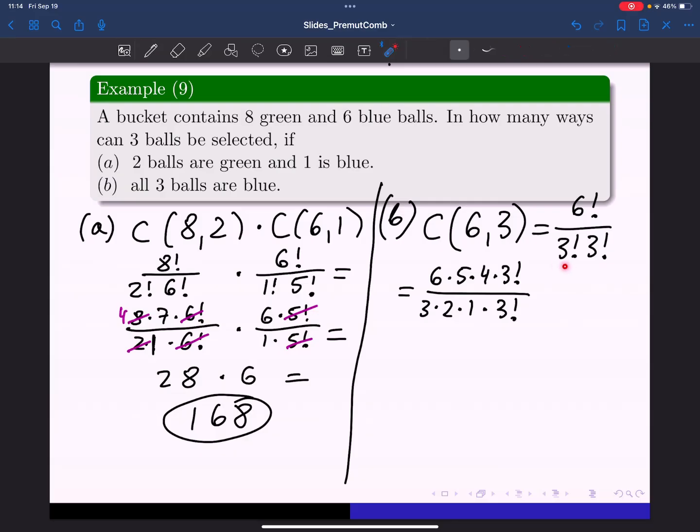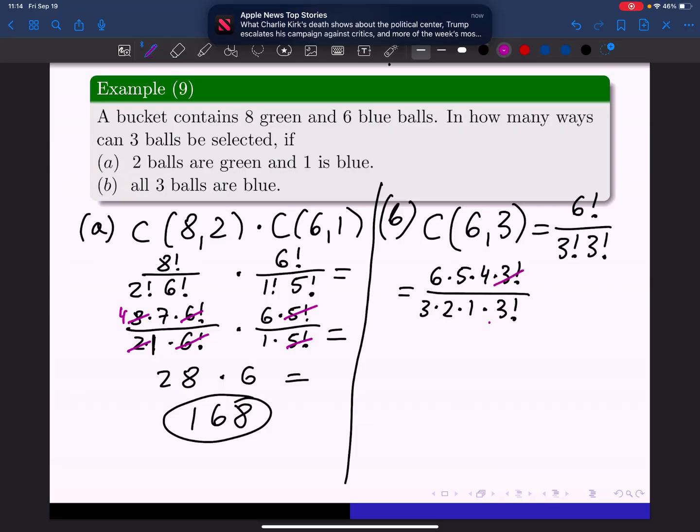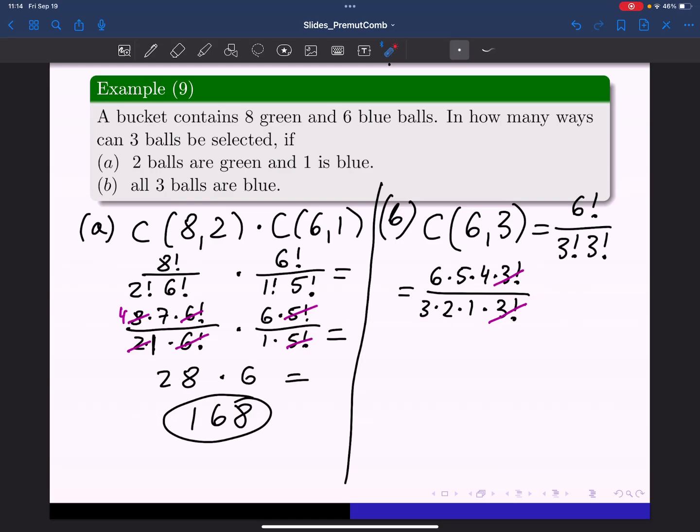One of those factorials I expanded, the second factorial I'm keeping as is because I would like to cancel. So then this cancels out. 3 times 2 is 6, so the 6 and 6 reduce. So the total number of choices is just 20.